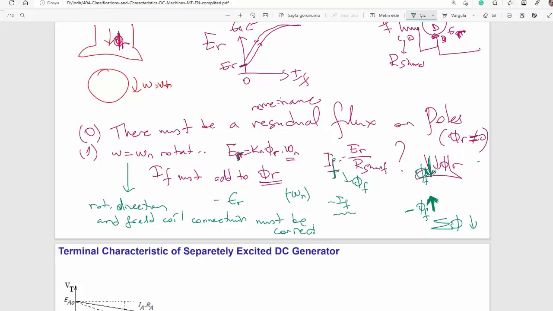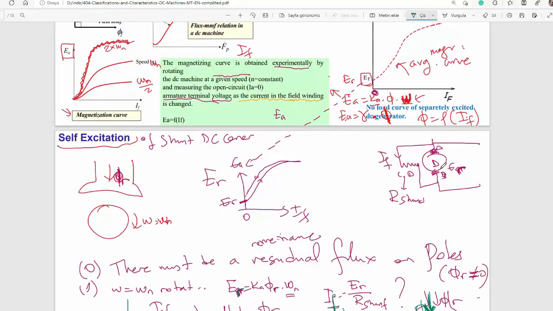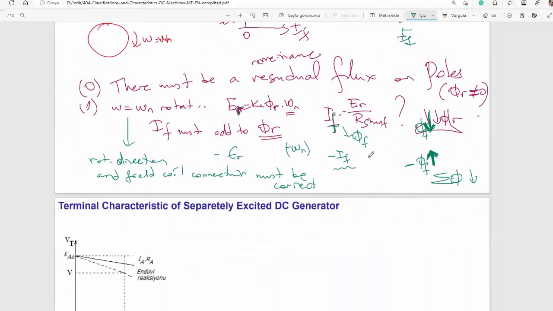Correct means having cumulative increasing flux. For example, if you switch those two, instead of connecting C here, connect C here, D here, it is reversed, so field current is reversed. When field current is reversed, produced field is reversed, so cumulative magnetic field in the pole will be reduced due to wrong connection.